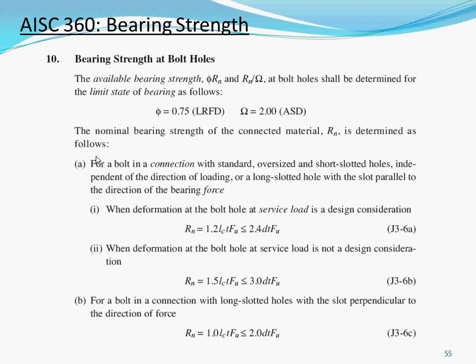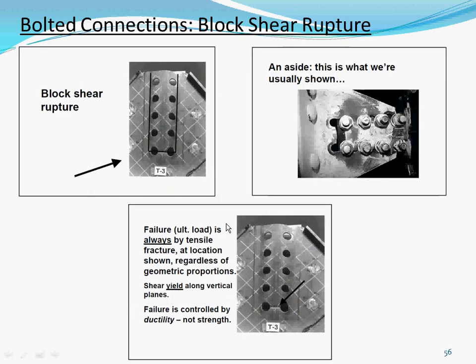It's going to govern because of the thickness of the plate, L sub C, and FU. The only two parameters we could control are these. FU is typically the same for any material of the same grade. So we're using this equation for our check. When we get to that, I'll show you what that means.